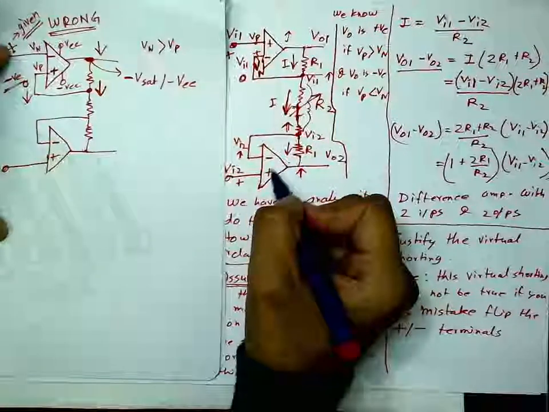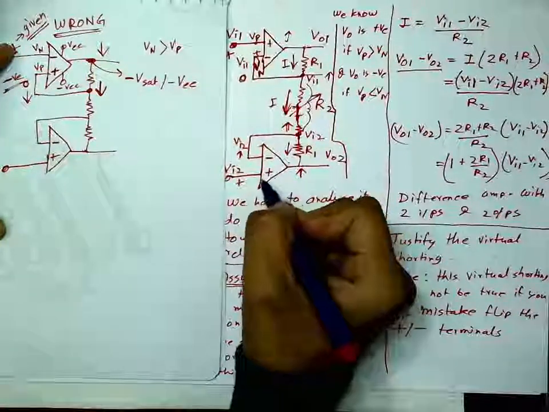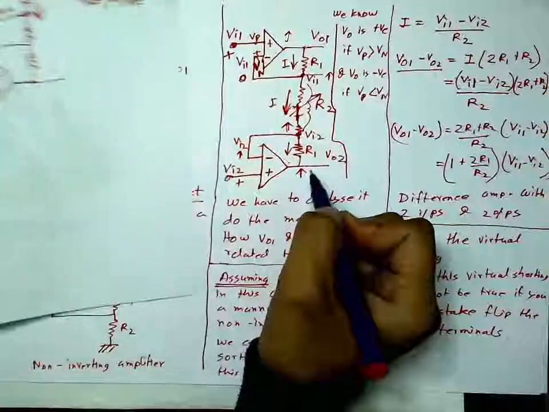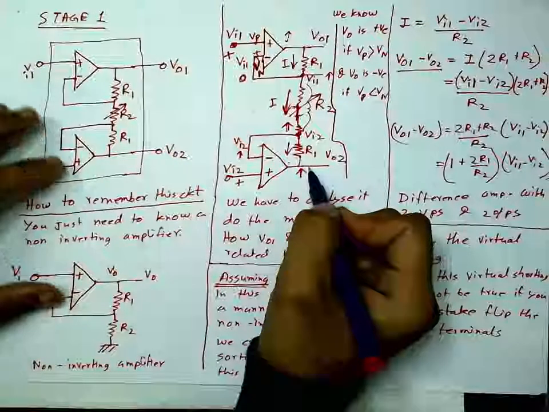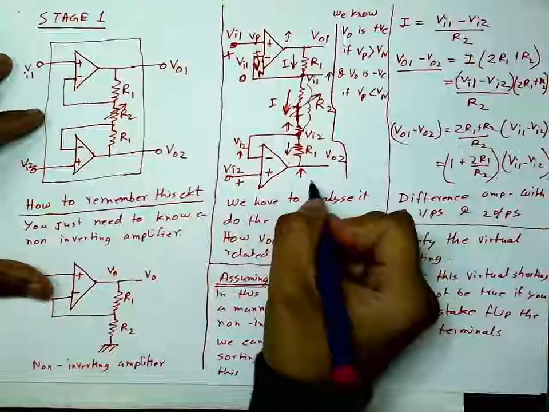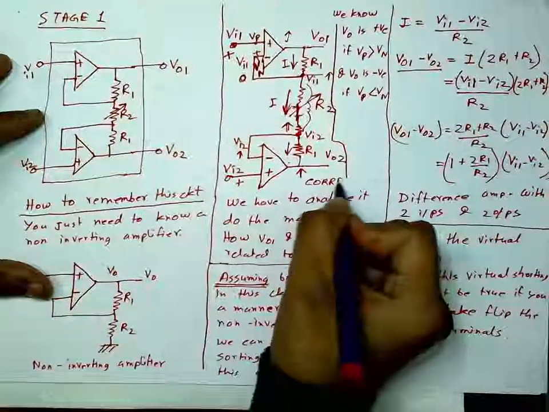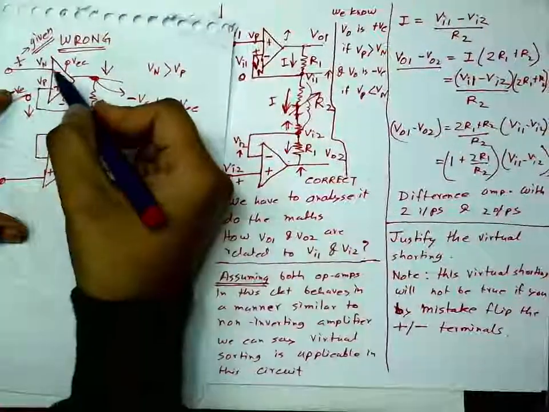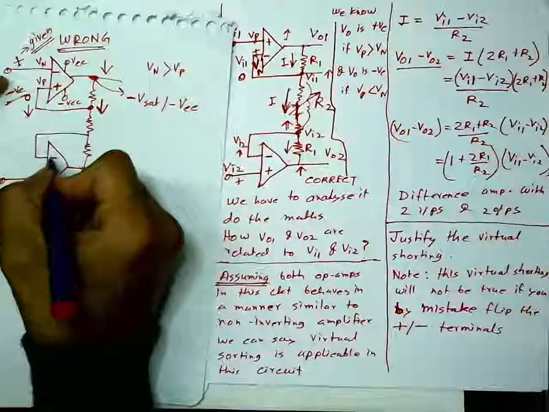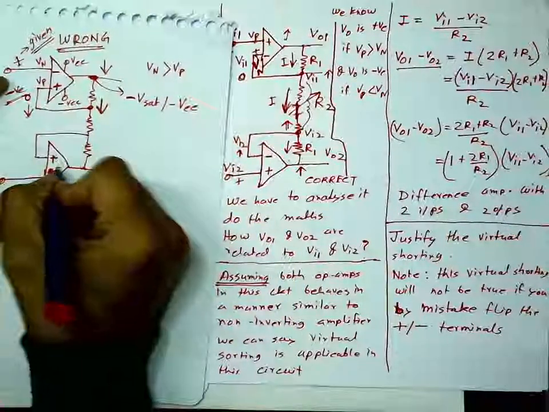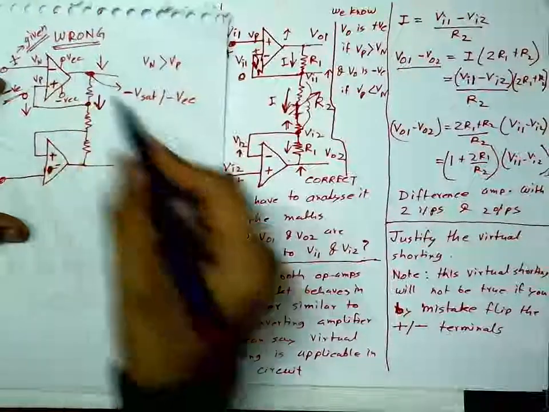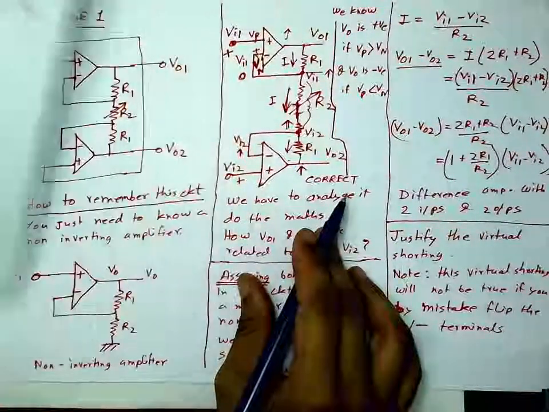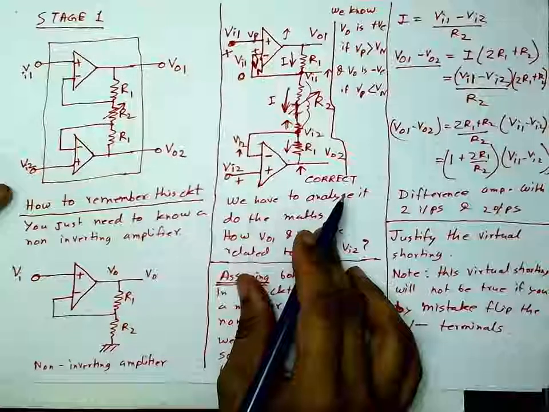If you make it the other way, if you make this plus and this minus, then the op amp will go to saturation. Think about it cautiously. So this is the correct circuit. If you make this mistake, either here or in both cases, then this is absolutely wrong. Be careful about the plus minus sign.